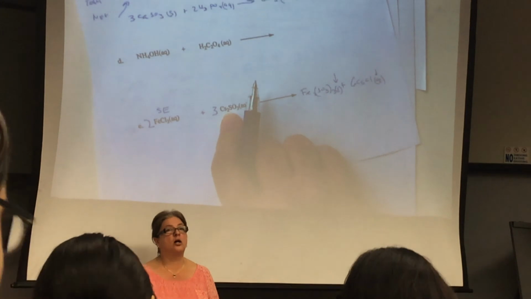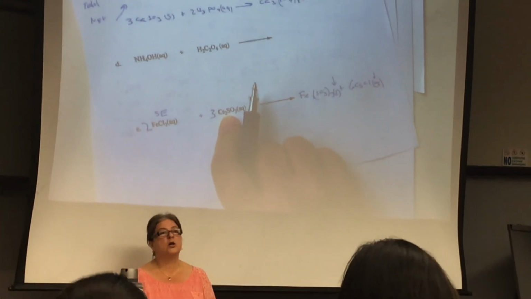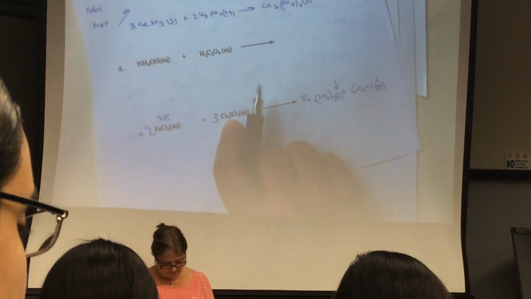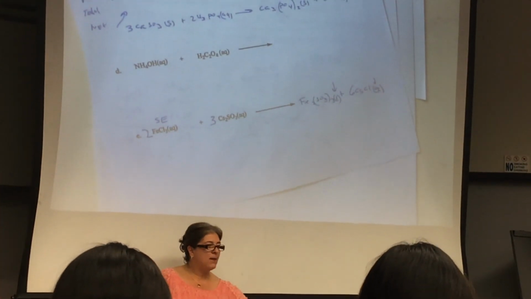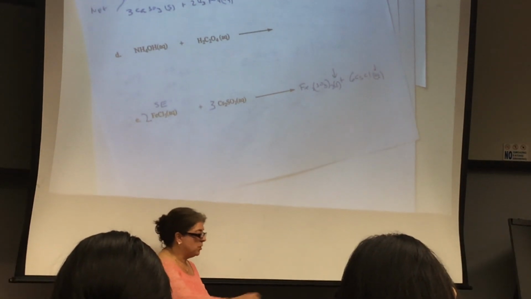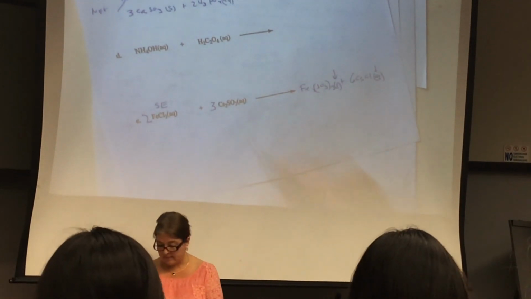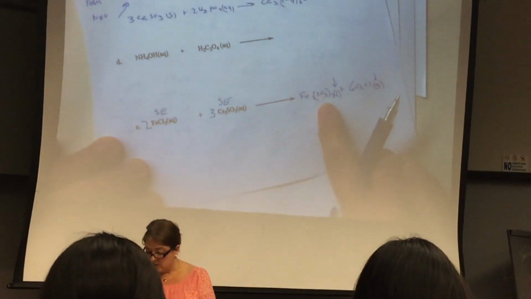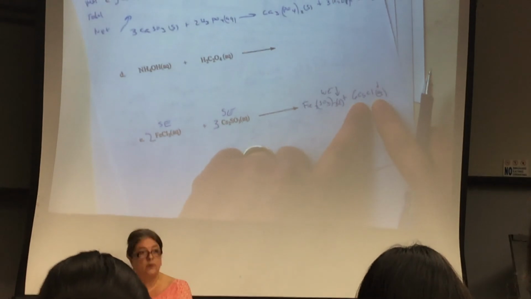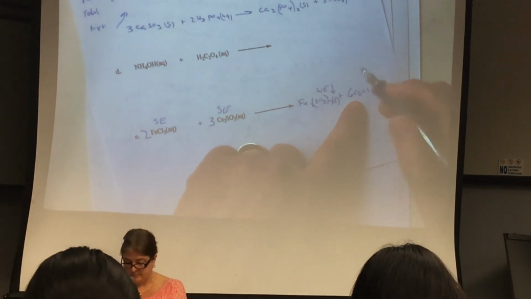It's strong. It's a salt. Where do you look for it? Solubility rules. What's the first solubility rule? 1A metal salts are soluble, period. So therefore, that item is what? A strong electrolyte. We just looked it up, it's a weak electrolyte.